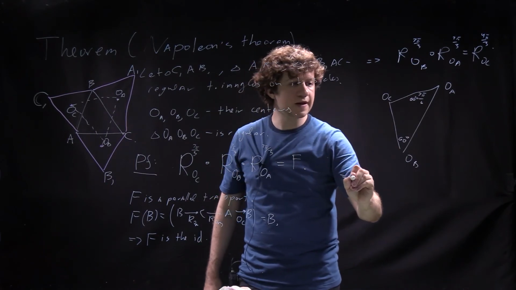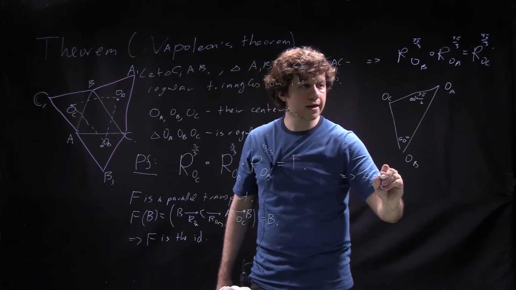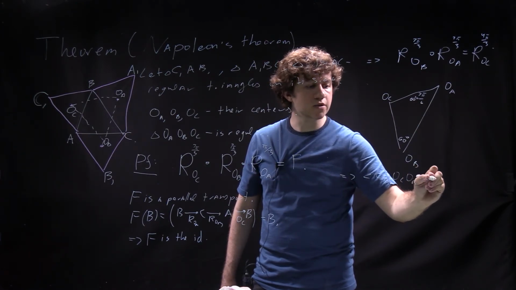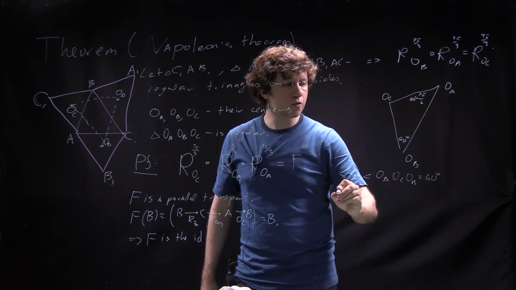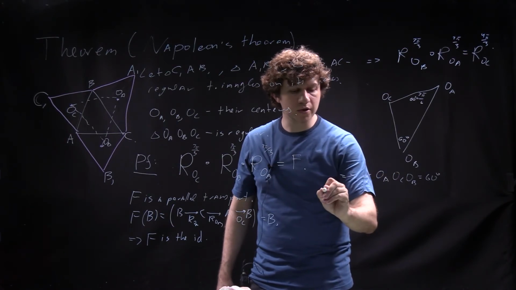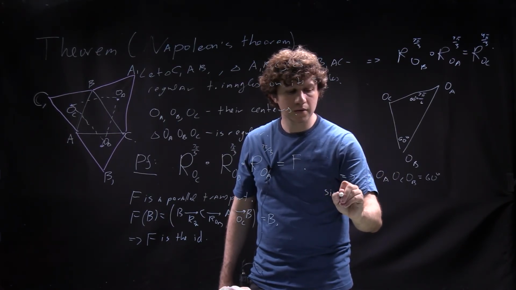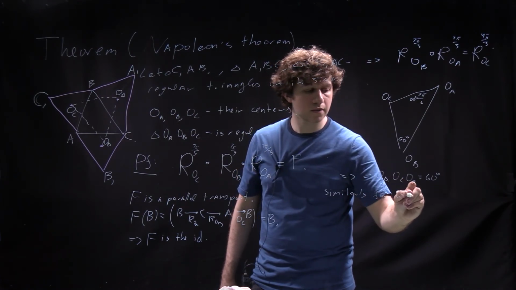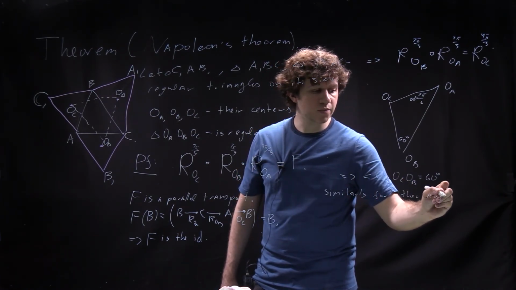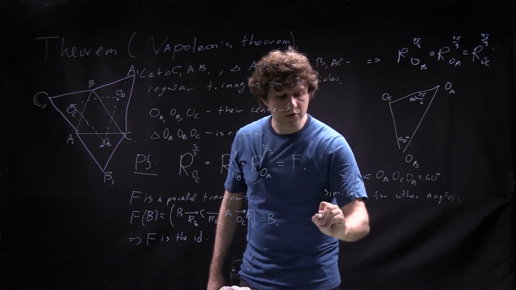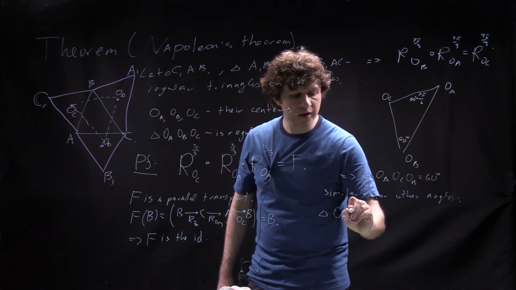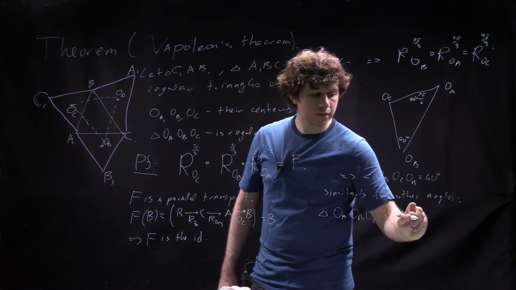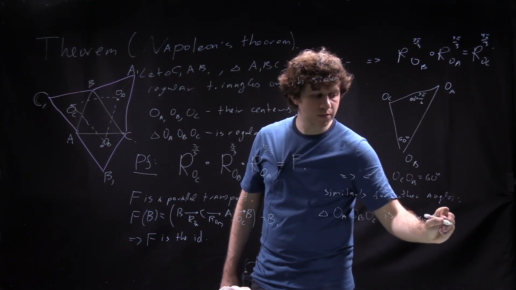Then the angle OA, OC, OB is equal to 60 degrees, and similarly for other angles between these 3 points, and so we see that triangle OA, OB, OC is regular. And that finishes the proof.